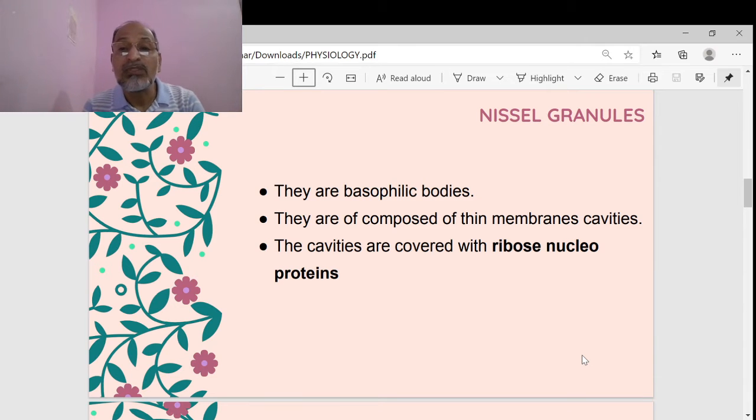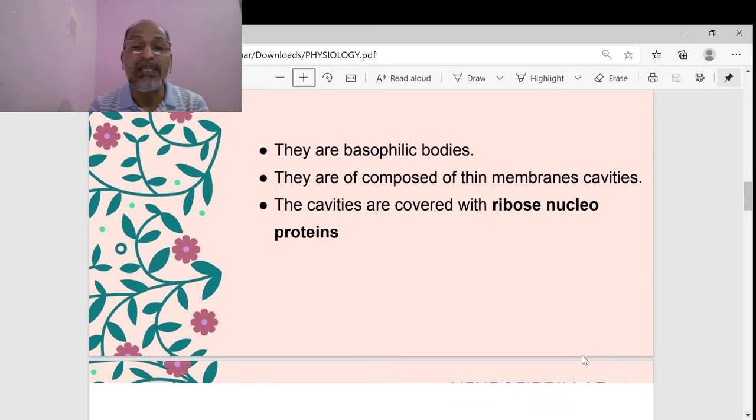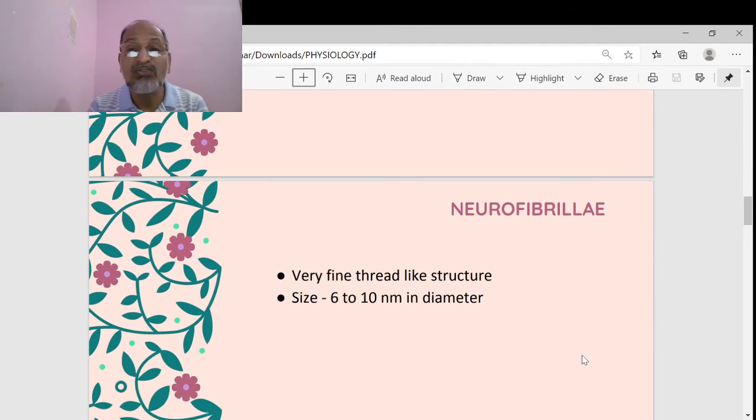These granules are not actually granules, but closed cavities with membranes, membranous cavities covered over the surface by ribose nucleoprotein granules. This ribose nucleoprotein is the RNA protein complex. So these are the granules contained within the cell body.